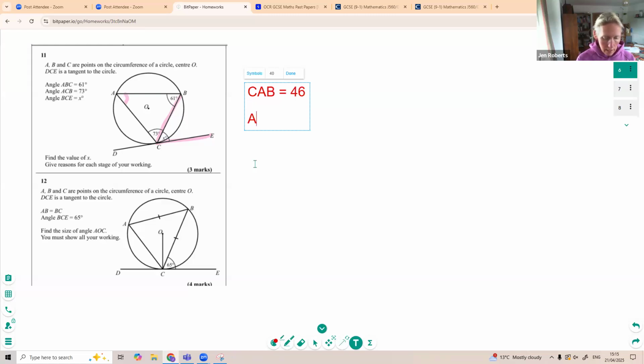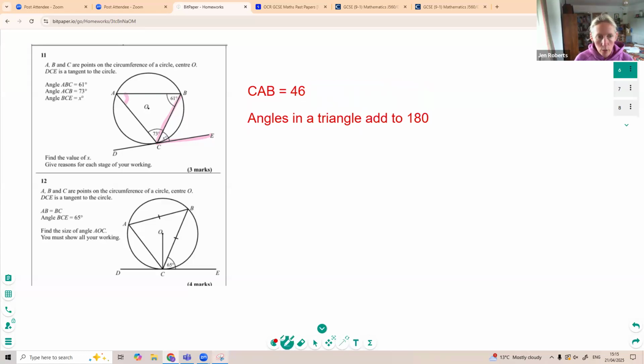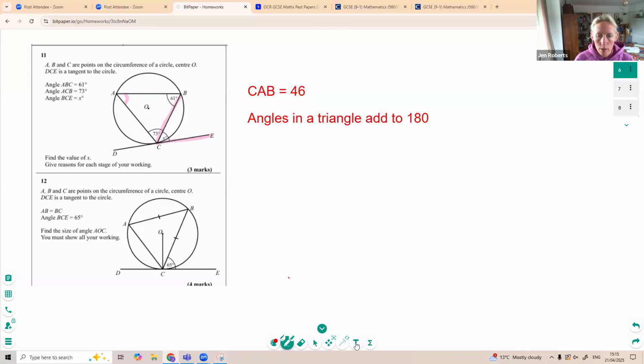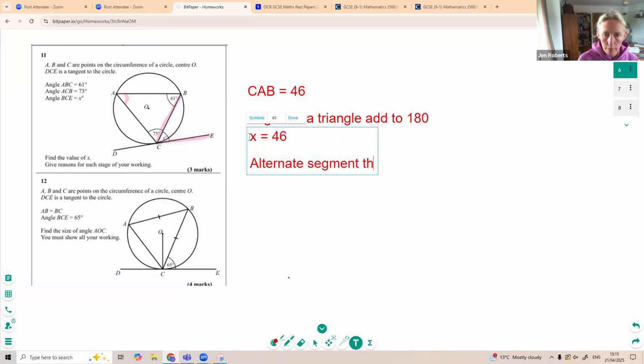My reason is angles in a triangle. And then I know that I can use the alternate segment theorem here, so I've got a tangent touching a triangle. So x is 46. And my reason is alternate segment theorem.